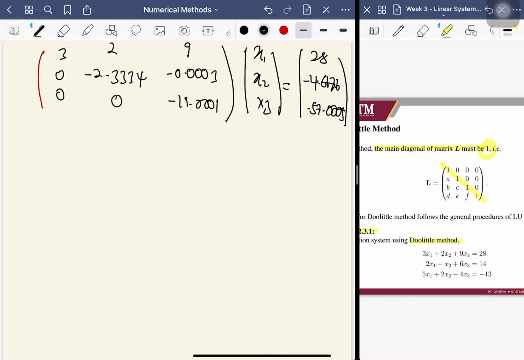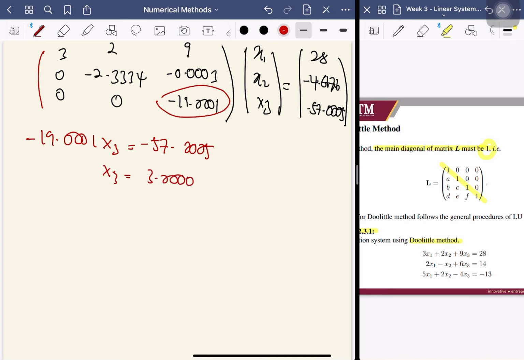Now, instead of forward substitution, for this part we will use backward substitution, where we get the value of x3 first. From here, negative 19.001 x3 is equal to negative 57.005, so the value of x3 will be 3.000.